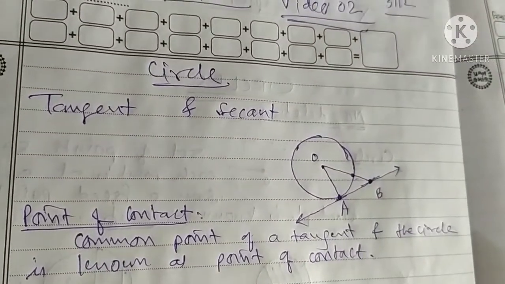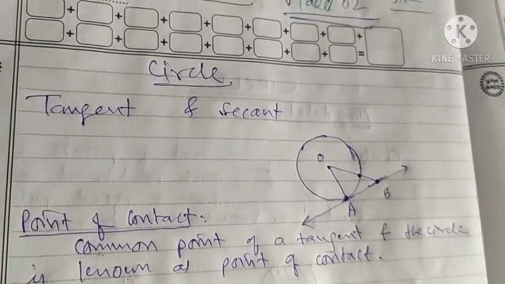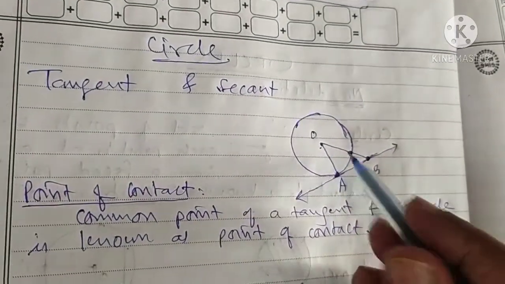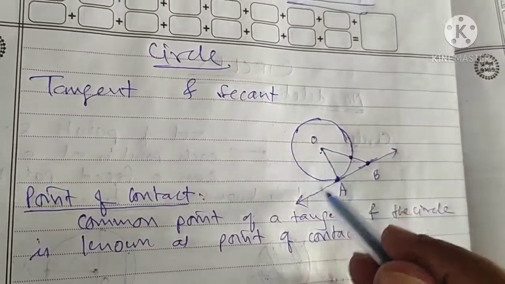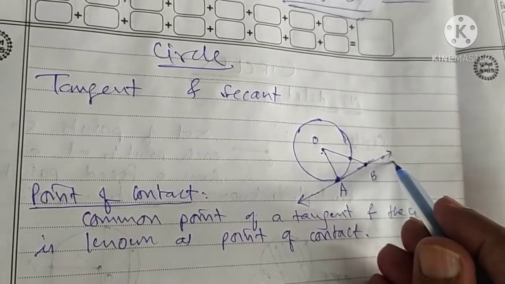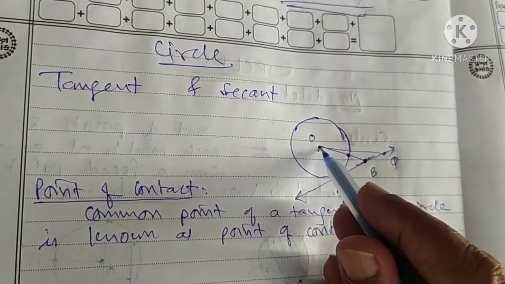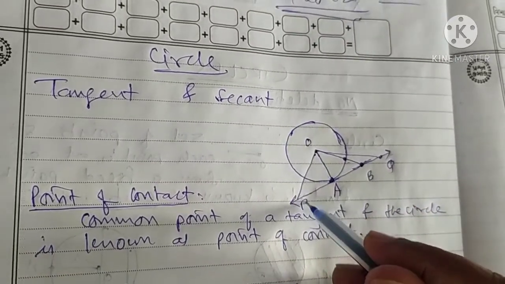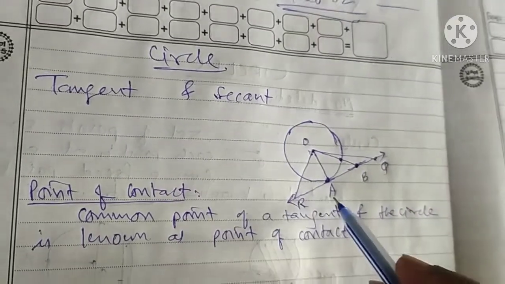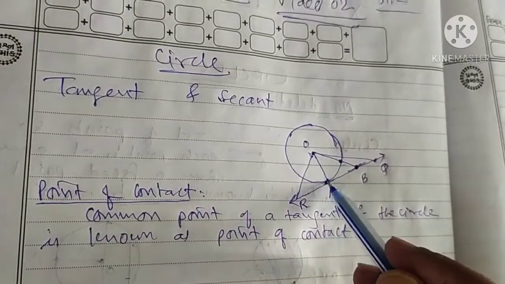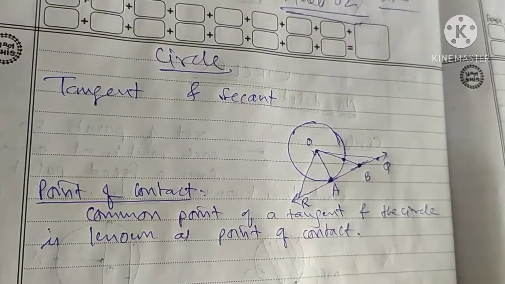Got it? Now see again, in this OA, OB. If I take any other point, suppose this Q, and this R, OR. We see by physical appearance OA is shortest. Yes or no?